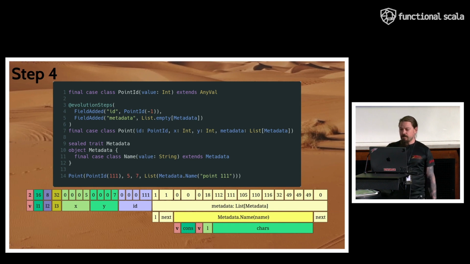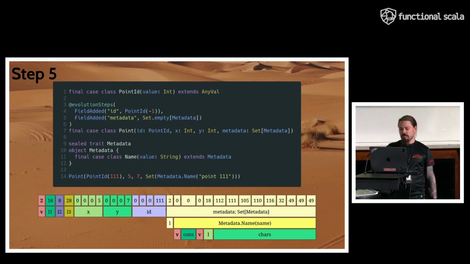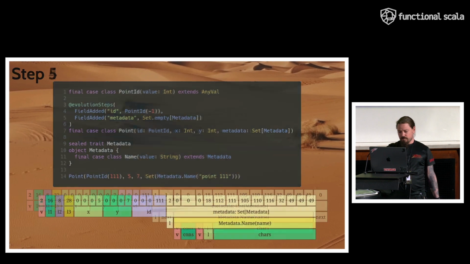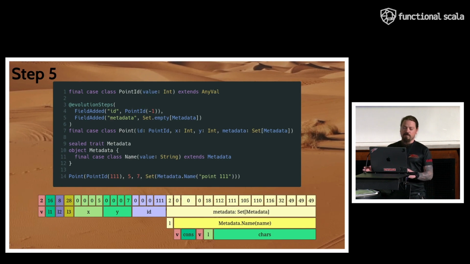So let's go even further. In step 5, we decide that it was not a good idea that we use the list of metadata. It's more appropriate to use a set type in that position. So here, the format is not completely the same. Actually, using a set is a little bit more concise because a set has a known size in advance, while when we are serializing a list, you don't know its length.